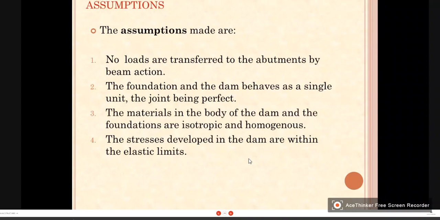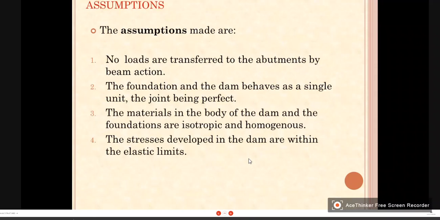First of all, the assumptions made for this gravity stability analysis: no load is transferred to the abutments, which means it is true for that. The foundation of the dam behaves as a single unit, the whole dam and foundation being considered as one, and the joints are perfect.